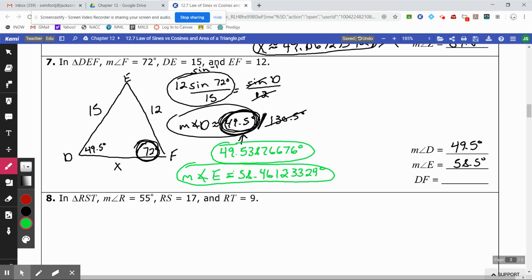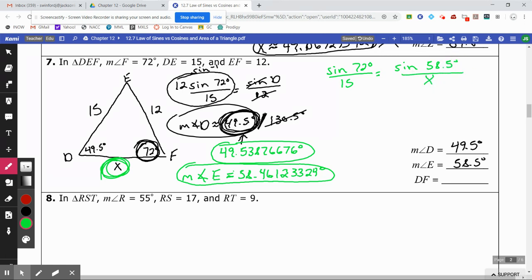So you have law of sines. We're going to do the sine of 72 over 15 equals the sine of, since we're looking for this side, we're going to have to use E, which again, I'm going to put 58.5, but as I type it in, I'm going to type in that long answer down there.